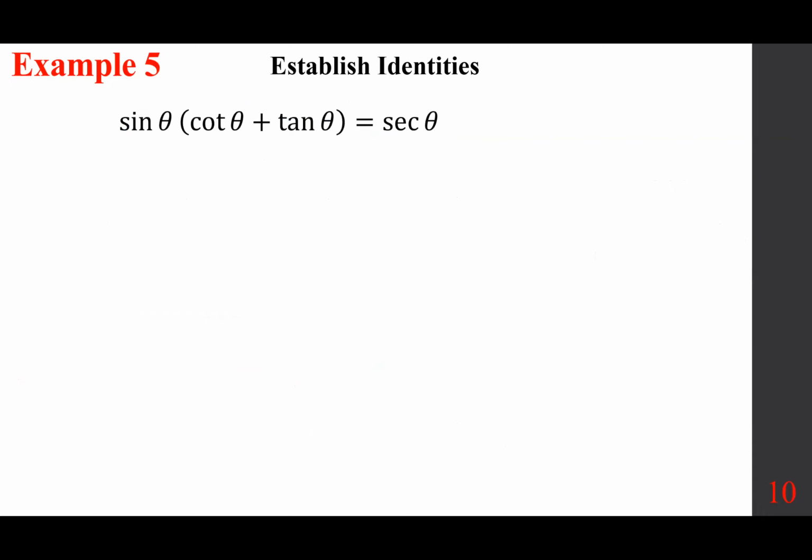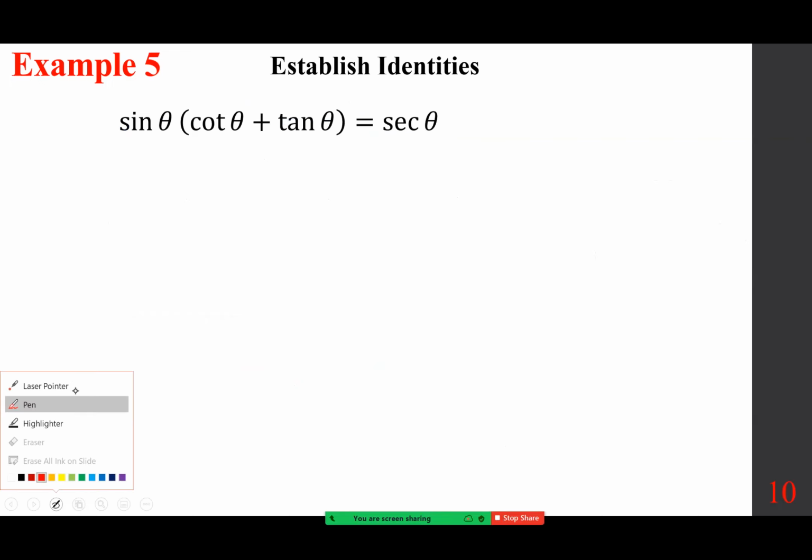We want to establish the identity. Normally, we start with the more complicated side, and sometimes it's hard to see which one, but this is clearly the left-hand side. So the left-hand side, LHS, I'm going to change the cotangent to cosine over sine and the tangent to sine over cosine.